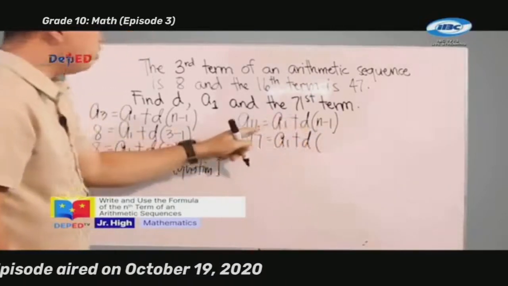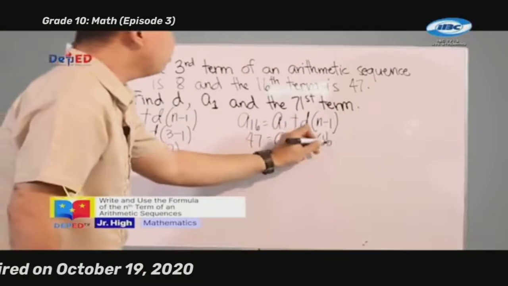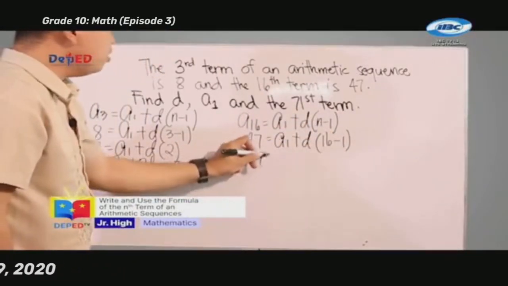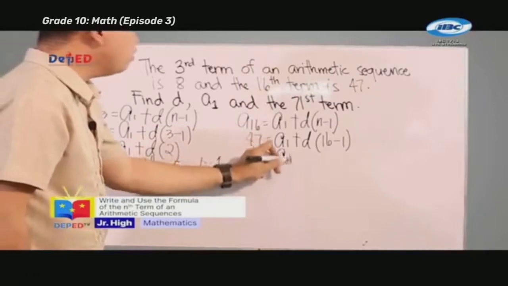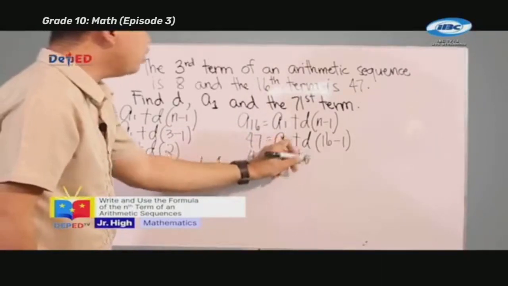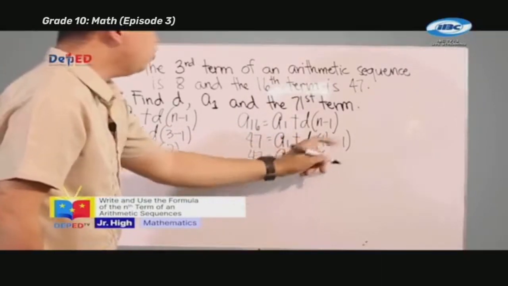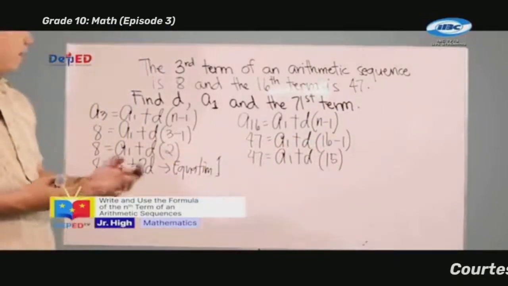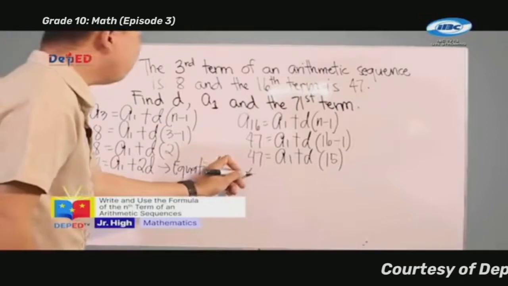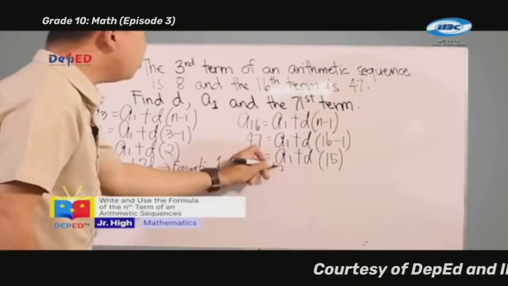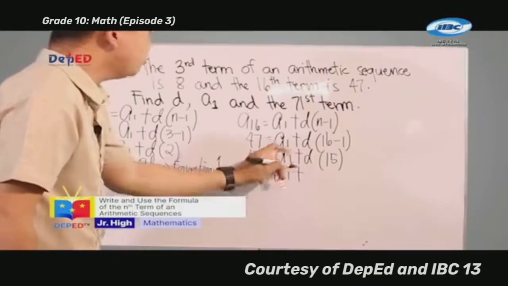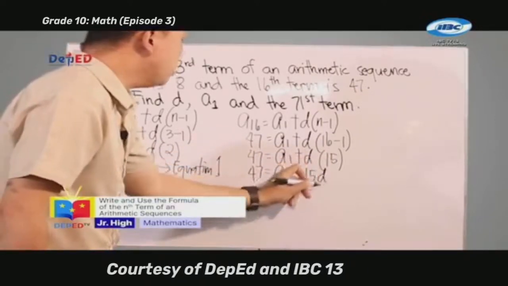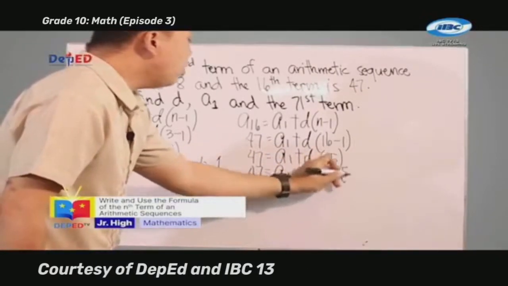Our n, we will use 16 minus 1. Next, you have 47 is equal to a sub 1 plus the difference, and 16 minus 1 is equal to 15. Next, you have 47 is equal to a sub 1 plus d times 15 will give us 15d. So this will be our equation 2.